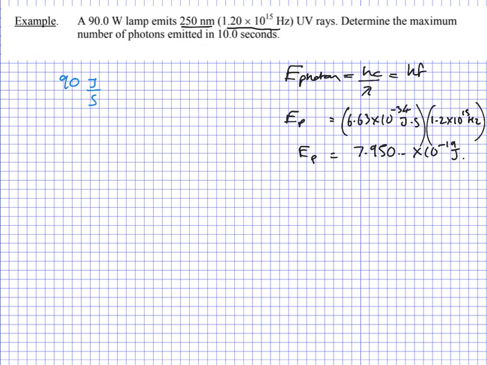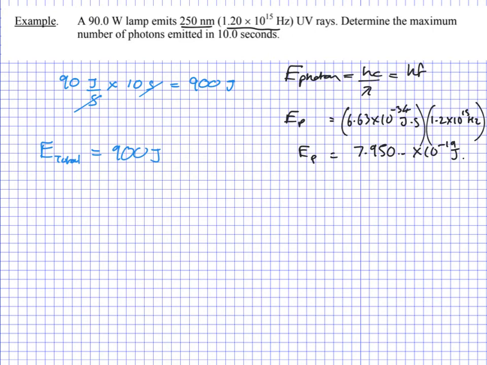So if I want the total energy that this lamp is emitting in those 10 seconds, I can just multiply by the 10 seconds, because the seconds cancel, leaving me with a total joule value. So the total energy in the 10 seconds is 900 joules.